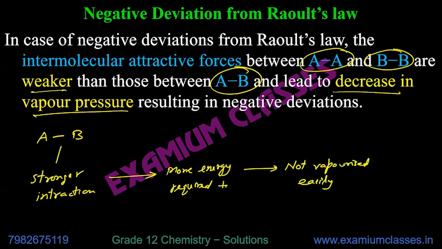More energy required to break the association. Not vaporized easily means less vapor pressure, means negative deviation.